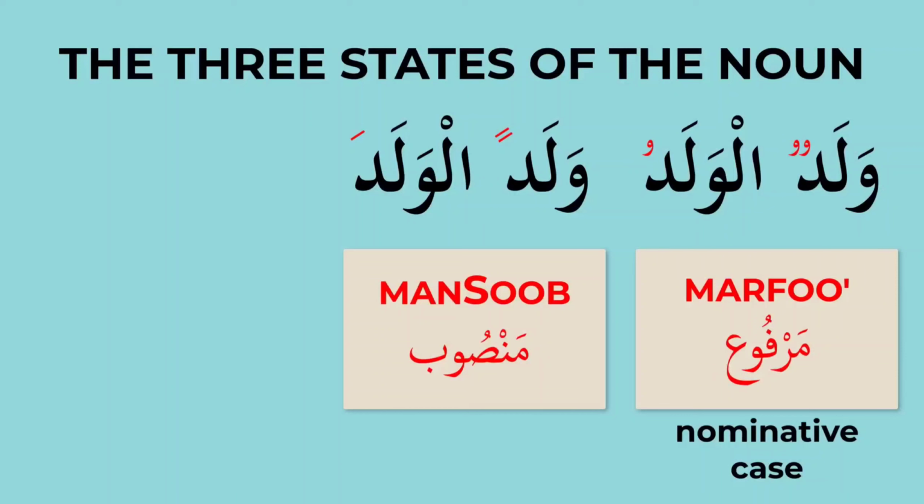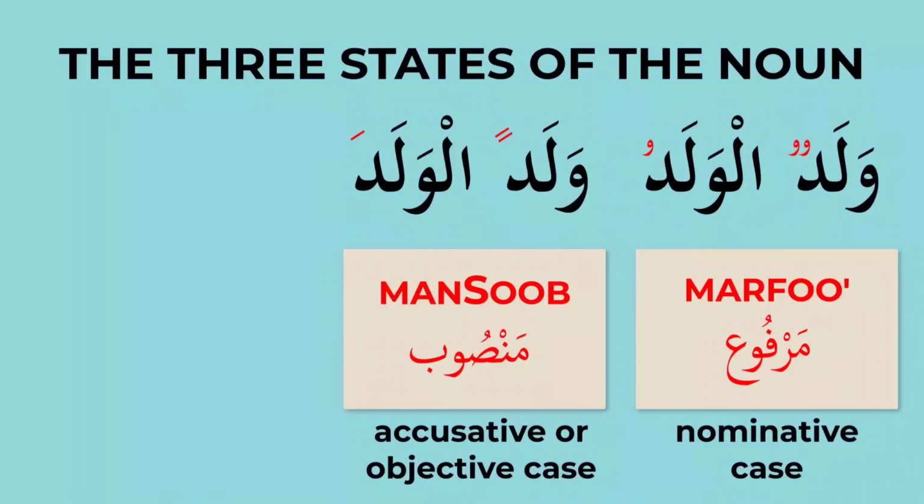What do we call it in English? Either you call it objective case or accusative case. It's mentioned there. Objective case or accusative case. Are you with me, brothers and sisters? But we will memorize these terms that I'm writing.